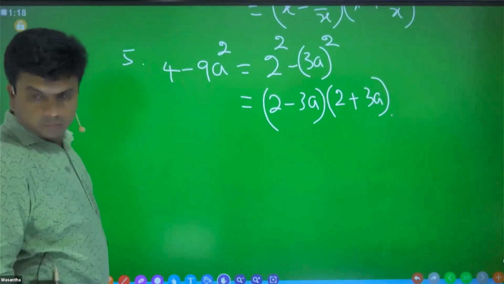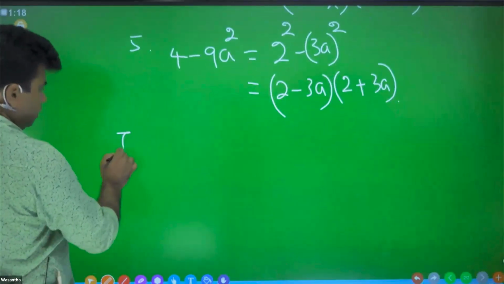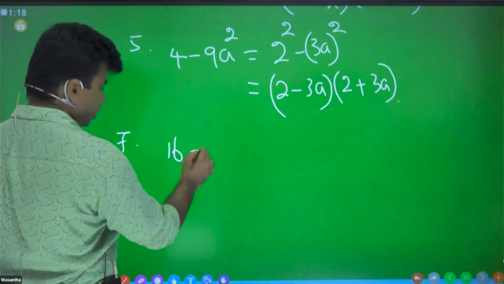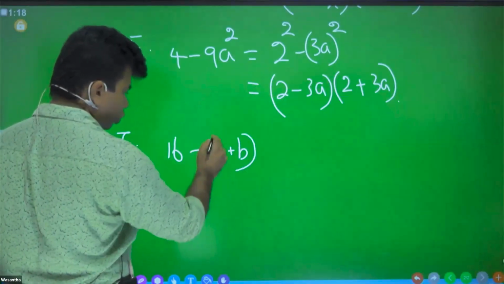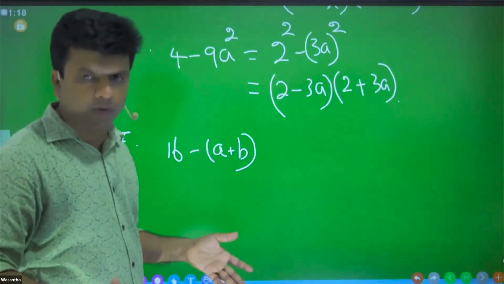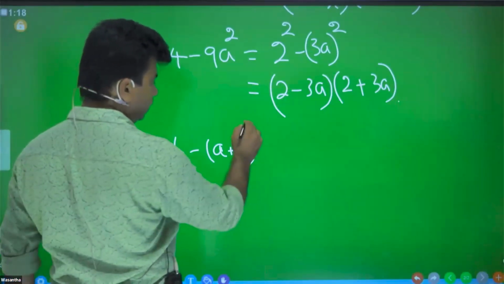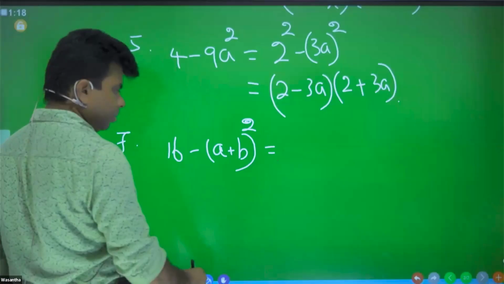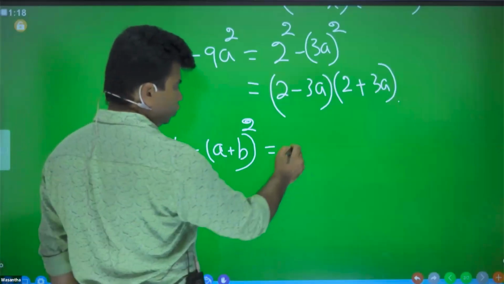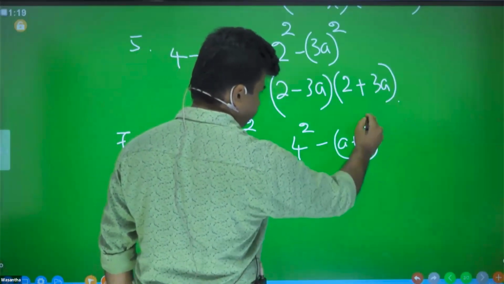Now if you go to the seventh one, this is a very good question. If you have 16 minus (a plus b) squared, then don't go for binomial expansion. We are factorizing by the difference of two squares. That means here we write 4 squared minus (a plus b) squared.